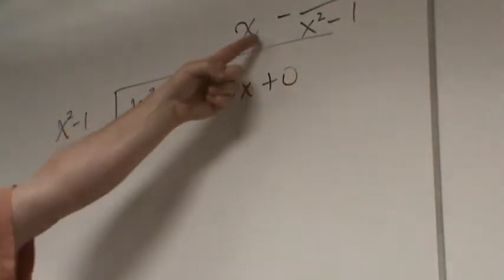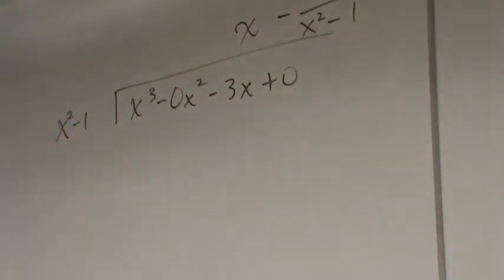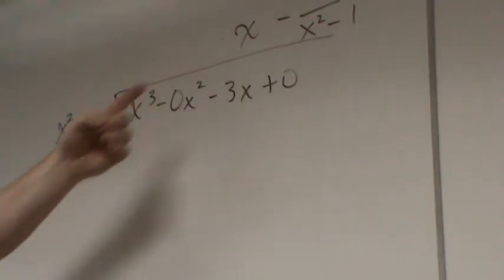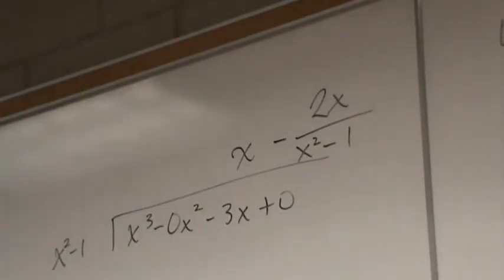You should get x minus 2x over x squared minus 1. If you're not getting that, you need to call me over so we can see what you're doing wrong with your polynomial division. But that should be what you get. And then you can go ahead and do partial fraction decomposition, or use substitution, actually. But do partial fraction decomposition so you can get the experience. But you can do substitution as well. The key is I need to make sure that you guys can do that polynomial division.